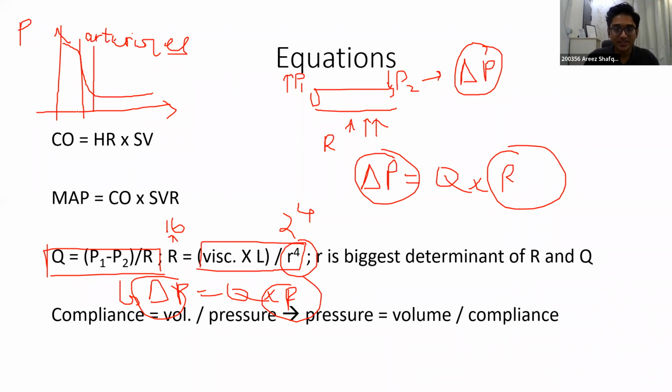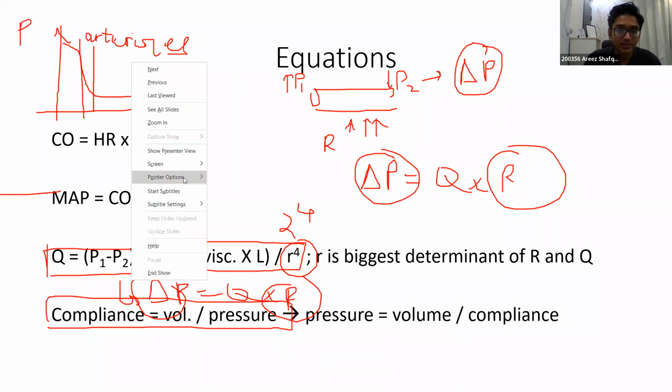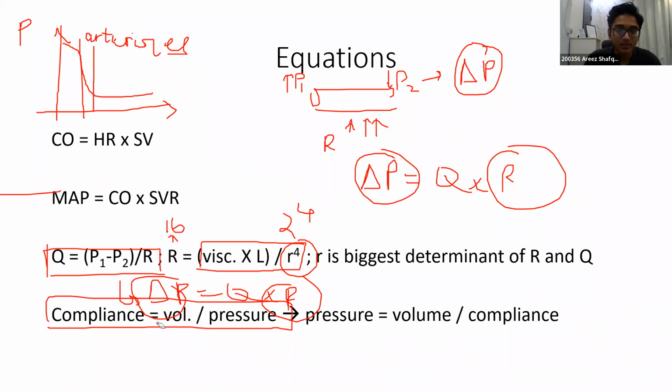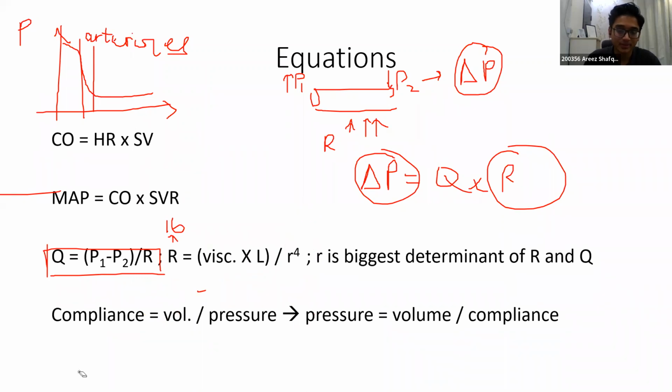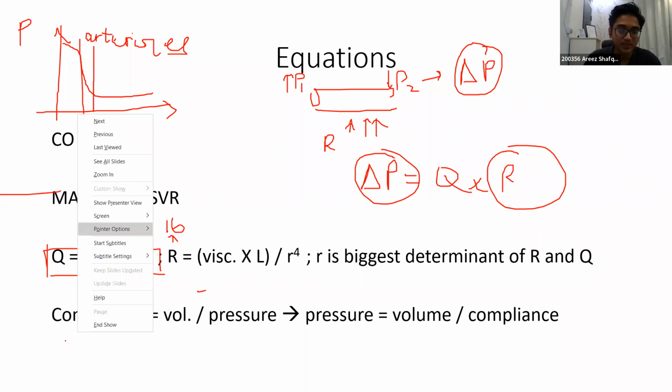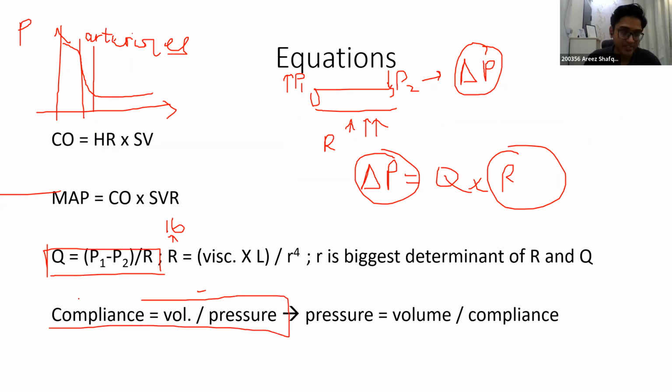The second equation that you need to be familiar with is compliance. Compliance equals volume over pressure, okay? Let me erase some of this. Compliance equals volume over pressure. What does that mean?